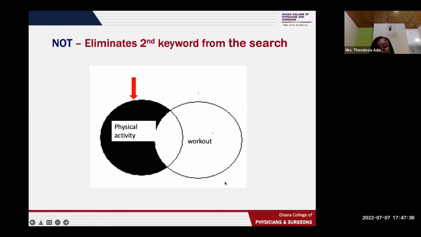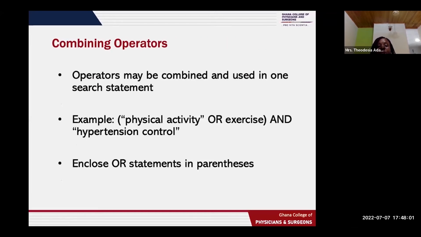So this is what we get. Everything in the shaded area, but nothing in the unshaded area, which means that there could be good information here, which we'll miss out on because we've excluded the term workout. So this is just a caution as we use the NOT in doing searches.